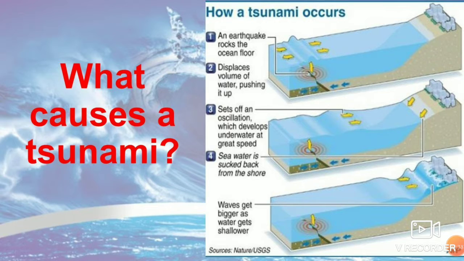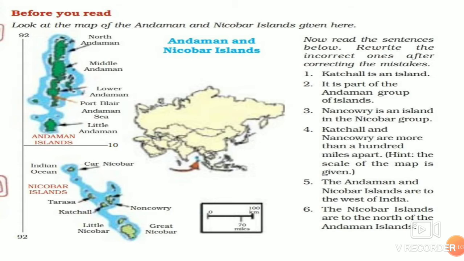Waves get bigger as water gets shallower. So, when this earthquake is caused in the ocean floor, it sucks all the water from the shore, and when it is released, when it is pushed back to the shore, it comes with great speed and uprises as a huge wave. This is how the tsunami is caused.